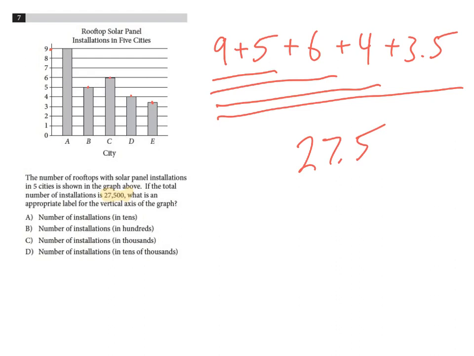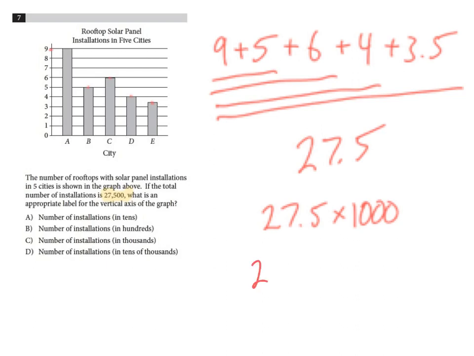So that means that each one of the units on the graph must equal 1,000, right? Because 27.5 units times 1,000 per unit, well, that's going to equal, let's get a pen here, 27, and then we're moving the decimal 3 spaces to the right, so it's 1, 2, 3. That's going to equal 27,500. Therefore, it looks like our answer is going to be C.